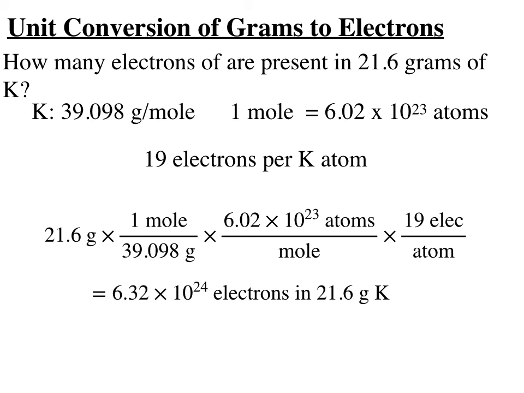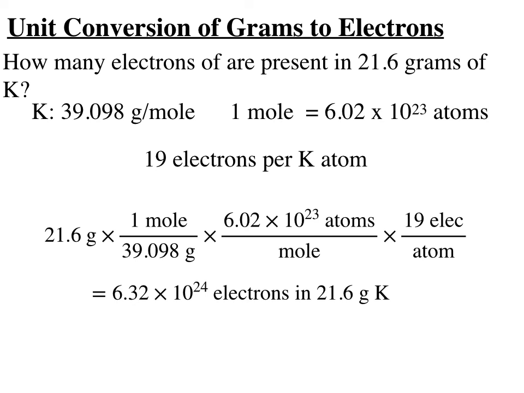If I stop there, my answer would be in atoms of potassium, but I wish to find the electrons in those atoms, so I turn to the periodic table. Since potassium is atomic number 19, a neutral potassium atom has 19 electrons. 19 electrons per atom constitute a conversion factor which I line up with the atoms on the bottom, the electrons on the top. So notice before we do the numbers, the gram units are gone, the mole units are gone, the atom units are gone.